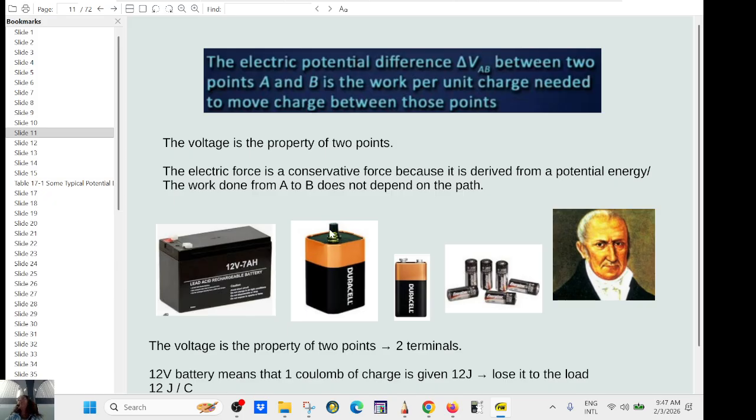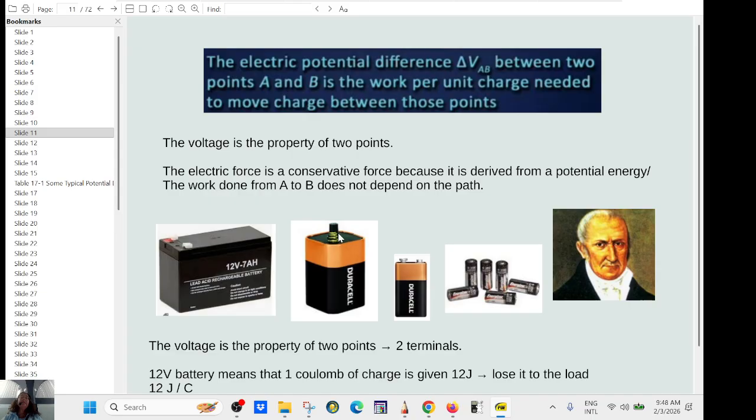If you increase the number of charges, that is called the current. What is the current? It's the number of coulombs per second. So to have more energy, you can increase the voltage or you can increase the current. 9 volts means each electron will have 9 eV, or each coulomb will have 9 joules of energy. But voltage is a property of 2 points.